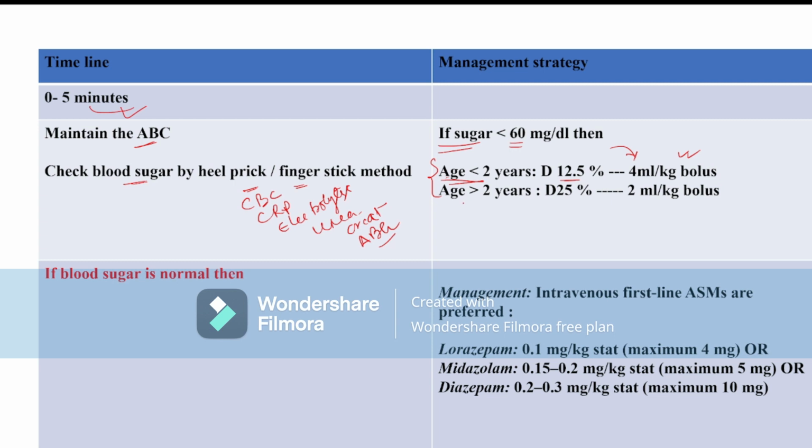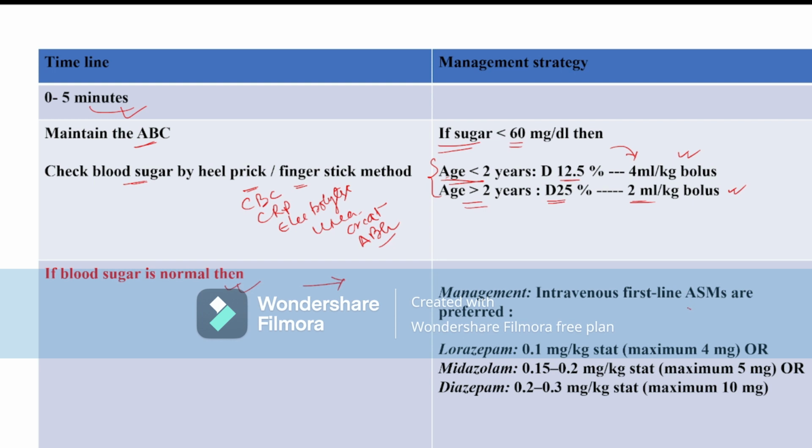And if the age is more than 2 years, then give 25% dextrose at a rate of 2 ml per kg bolus. If the patient's blood sugar is not less than 60, that means the blood sugar is normal, then go with the anti-seizure medication.